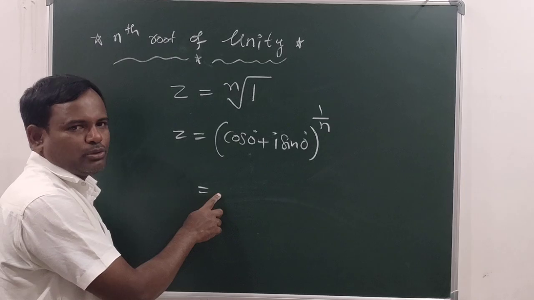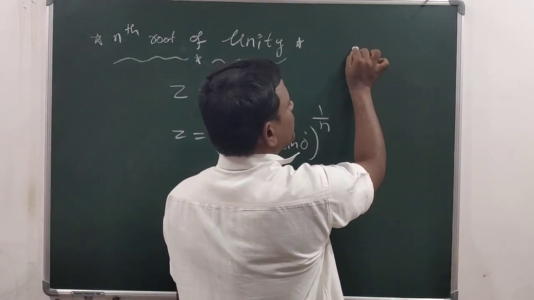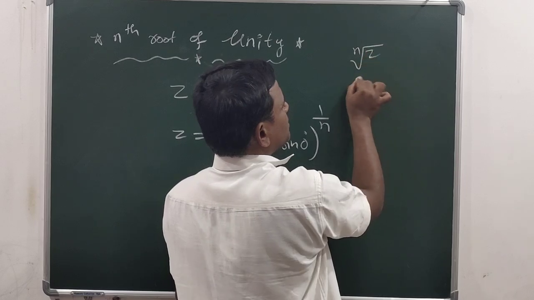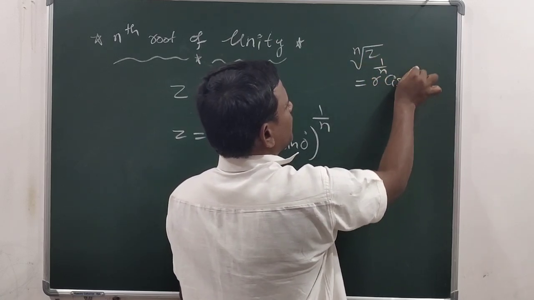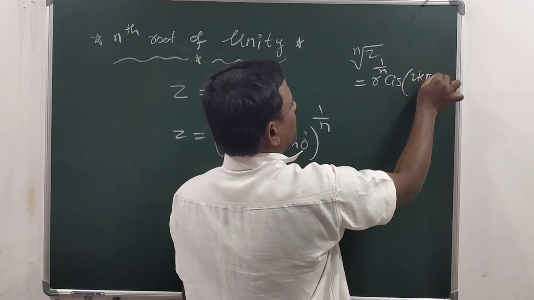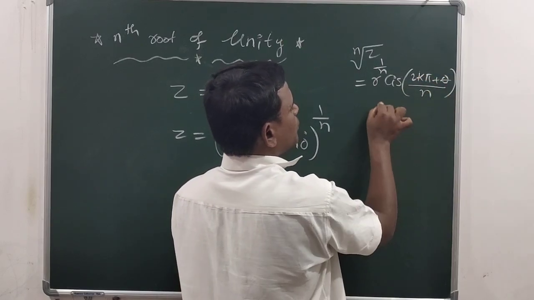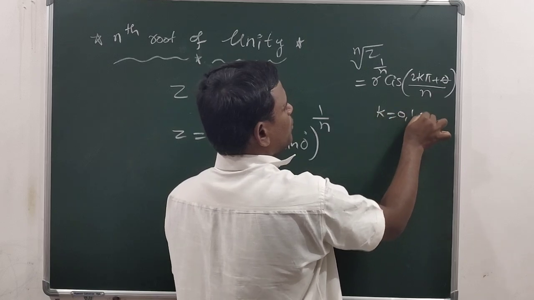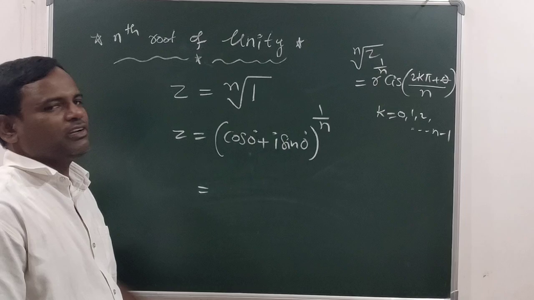So r no need to write here. This formula you read. So nth root of z is equal to r power 1 by n, cis of (2k pi plus theta) by n. You know where k value 0, 1, 2 till n minus 1. Same formula I am going to apply for this.